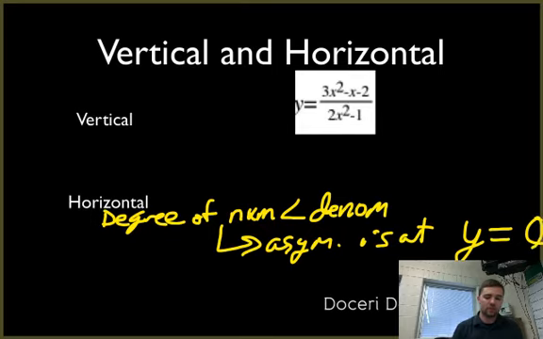Stop, that's it. So if my degree on top was a linear function, something like x plus 2, and the bottom was a quadratic function, second degree, like 2x squared minus 1, then my asymptote would be at y equals 0, which remember is just the x-axis. All right, so let me clear that.